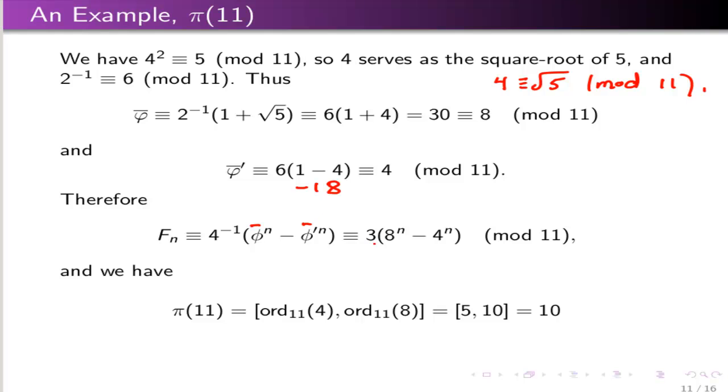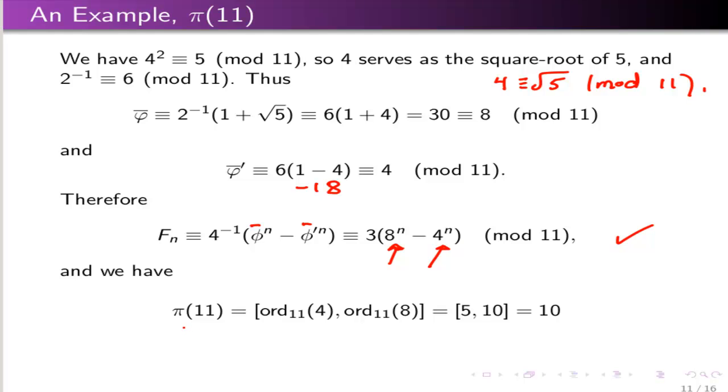The inverse of 4 is 3, phi bar is 8, and phi prime bar is 4, so we get 3 times 8 to the n minus 4 to the n mod 11. And so you can see the periodic nature of Fn is determined by the periodic nature of the numbers 8 and 4 when you raise them to powers mod 11.